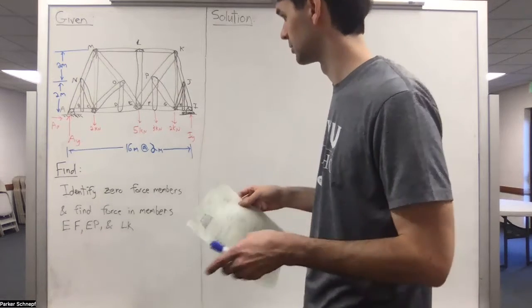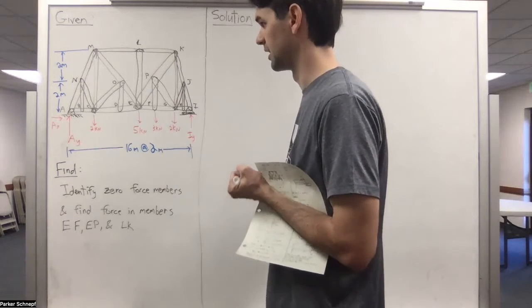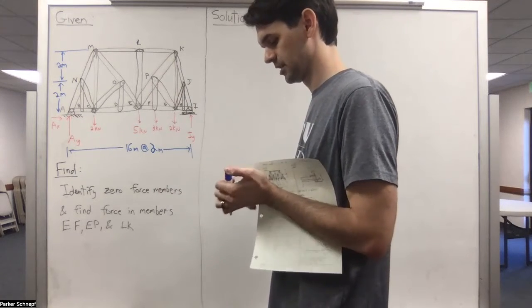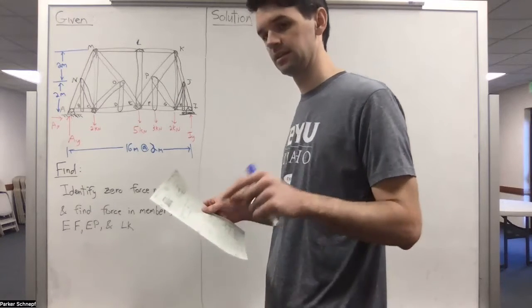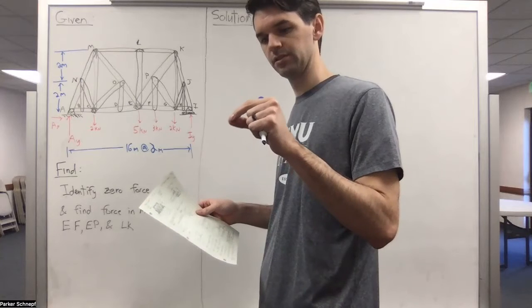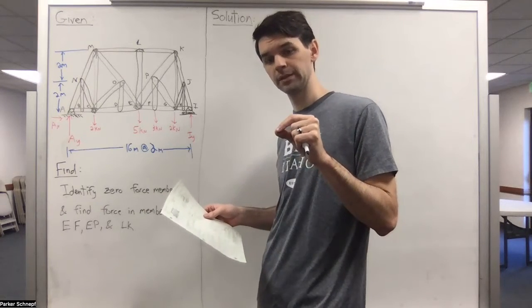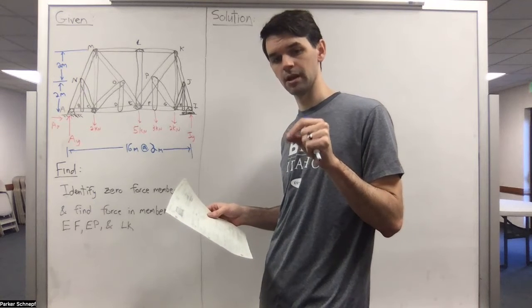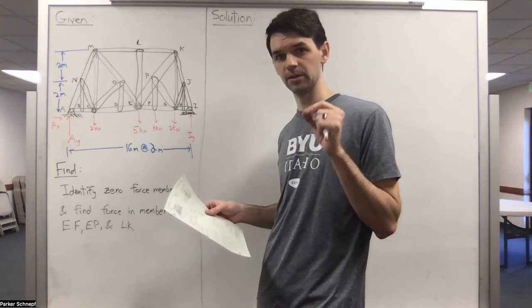So zero force members, let's look for them. There's quite a few in this one, and it's the same rules for finding them as before, which is if there's a joint where there are only two members that are not collinear and there's not a force acting on it, that's a zero force member.